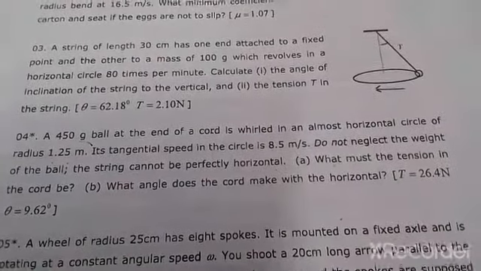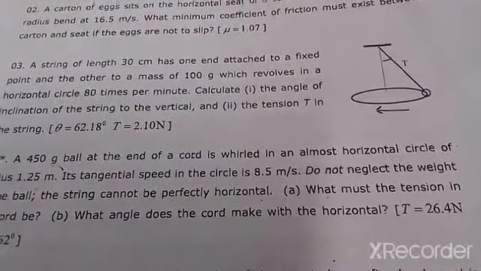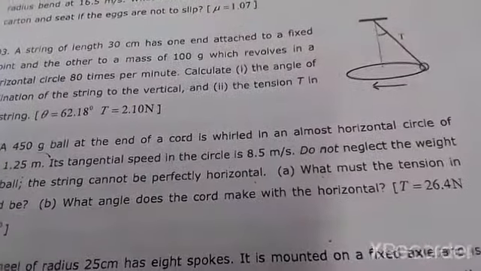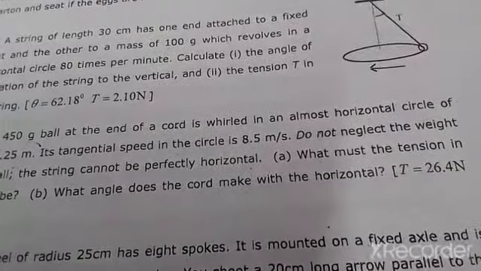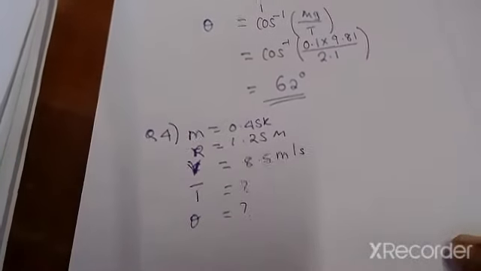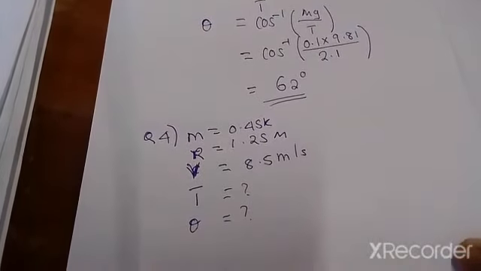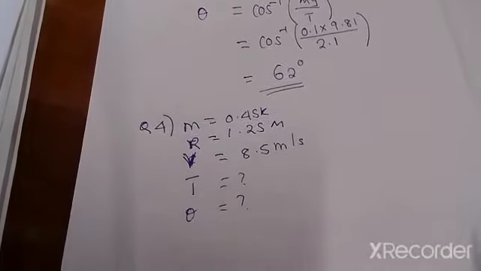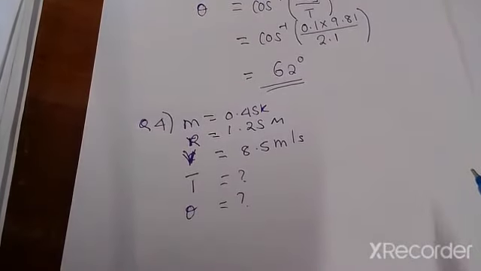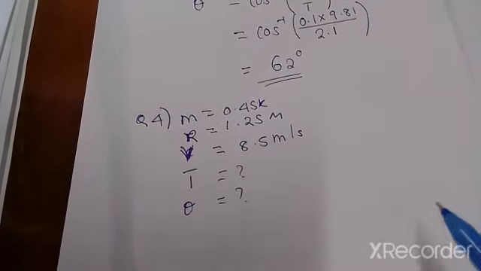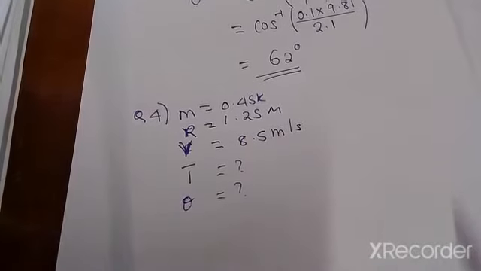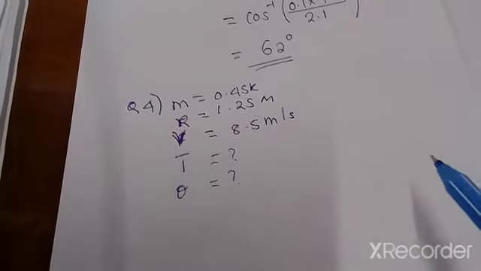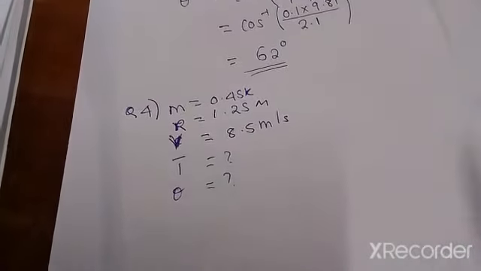Okay, so that's the information we have, and we're supposed to find the tension and the angle it makes with the horizontal. Now, this question is not so different from question 3. The only thing is that question 3 was asking us to find the angle that it makes with the vertical, but this one is asking us to find the angle that it makes with the horizontal, and it also wants us to find the tension.